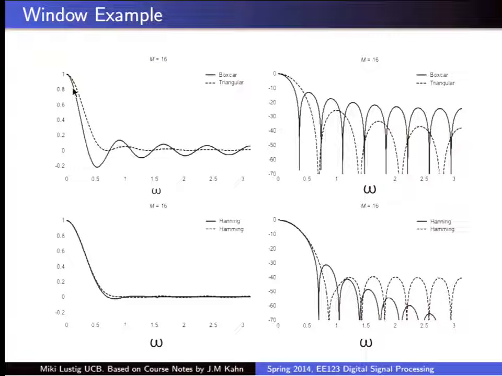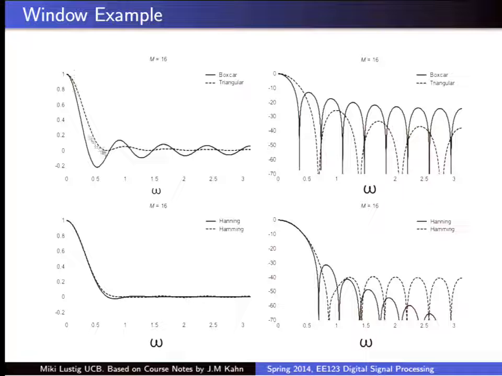The side lobes are significant, and you can see that. They don't decay very fast. They, in fact, decay approximately as 1 over omega.